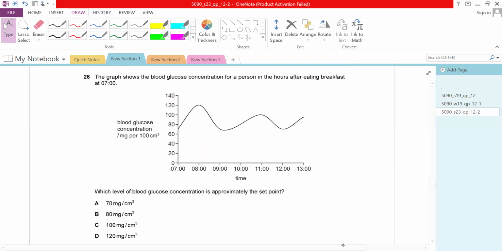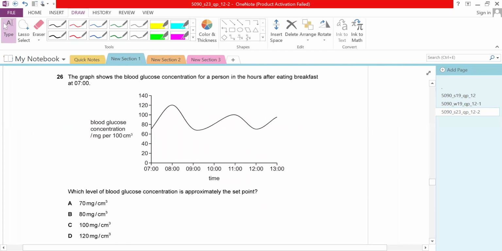Question number 26. The graph shows the blood glucose concentration of a person in the hours after eating breakfast at 7. Which level of blood glucose concentration is approximately the set point? While seeing the graph, you have to identify the set point.